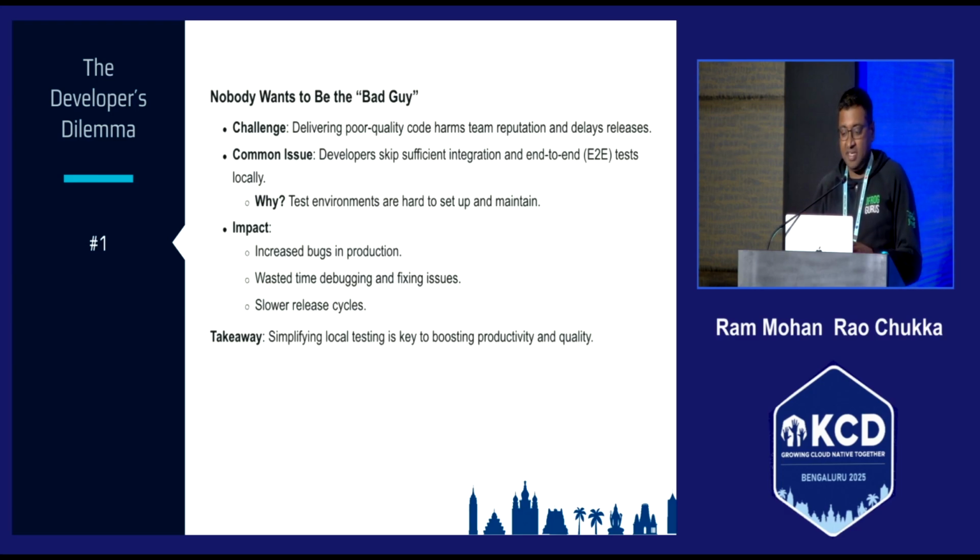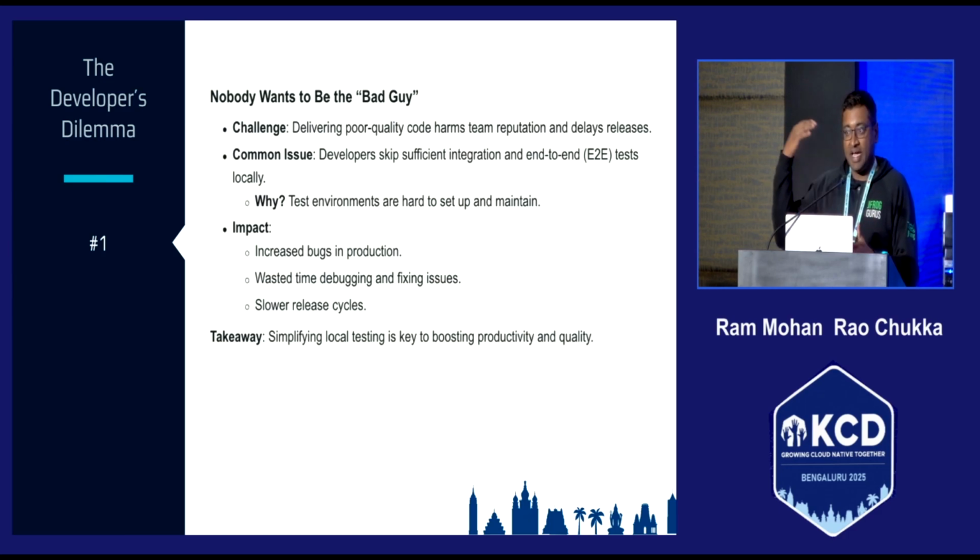The main reason is the test environments are very hard to set up, and they don't have quick automation around them. Say, for example, I might be running our end-to-end tests in a Jenkins CI/CD server, and setting up that Jenkins server locally is a pain, right? Which would mean most of the bugs would get through instead of being caught by testing locally.